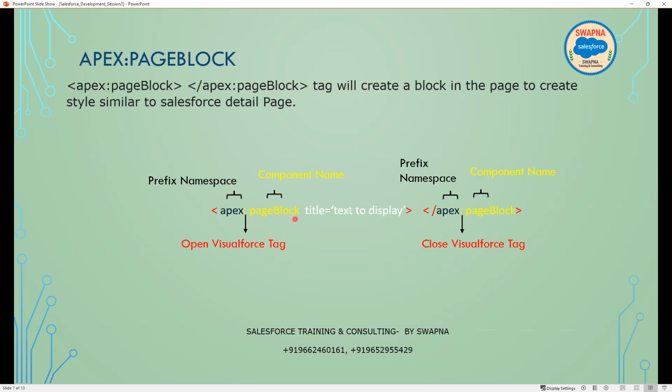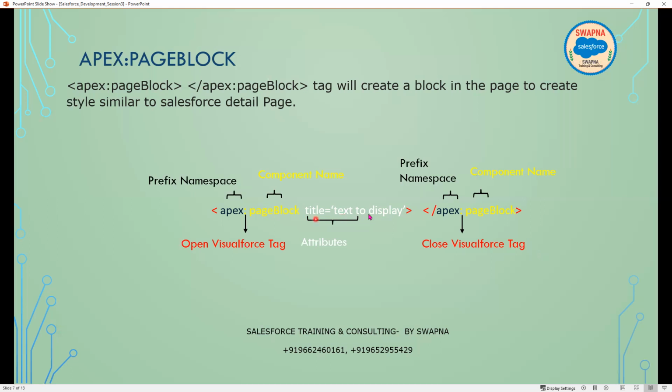After the page block, whatever you see here, there are different attributes. These are called attributes. So here we have the open Visualforce tag and close Visualforce tag, and within this tag, before the colon is apex, which is the prefix namespace, and after the colon is the component name, which is called page block, and then we have attributes.